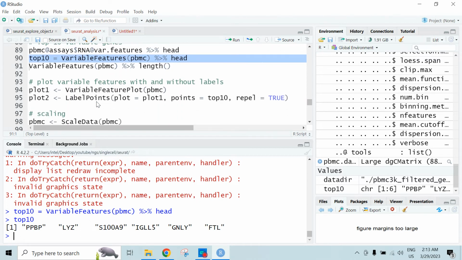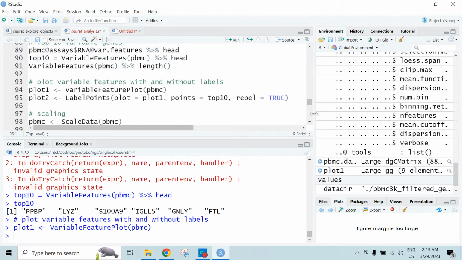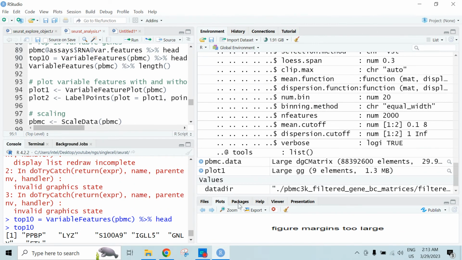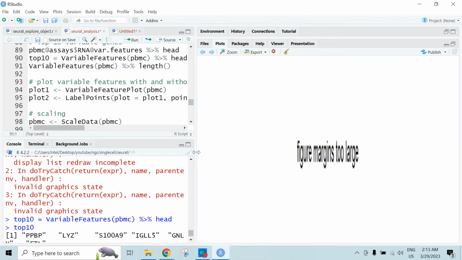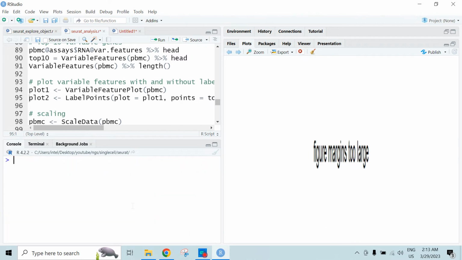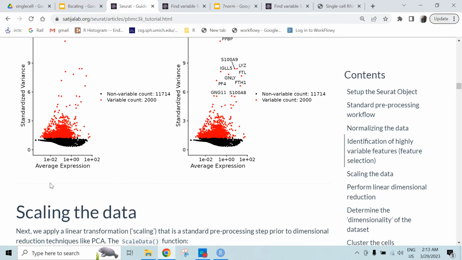Now we can draw the plot that I showed you. The function is variable feature plot. This will draw the x and y of this one, the plot between variance and the mean.